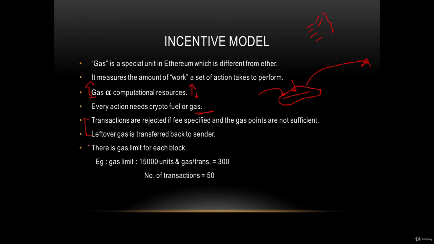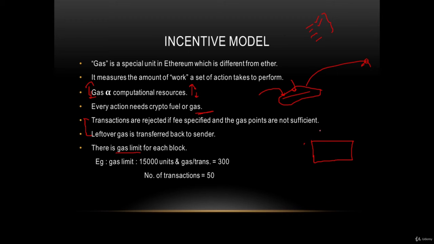Now what about gas in blocks? In Ethereum you could put as many transactions as you want in a block, so what stops you from putting all the transactions in a block? That is gas. There is a gas limit for each block. Every sender puts some gas with his transaction.